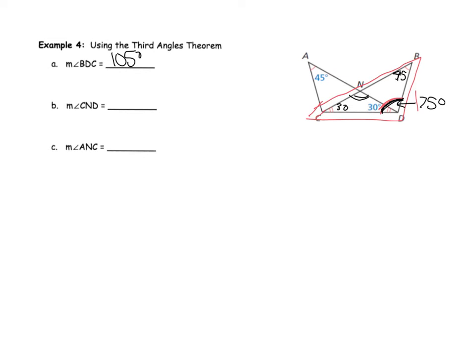CND is this angle here. So we already know that the two smaller pieces are 30 degrees and 30 degrees, which gives us a total of 60. So 180 minus 60 leaves us with 120 degrees.